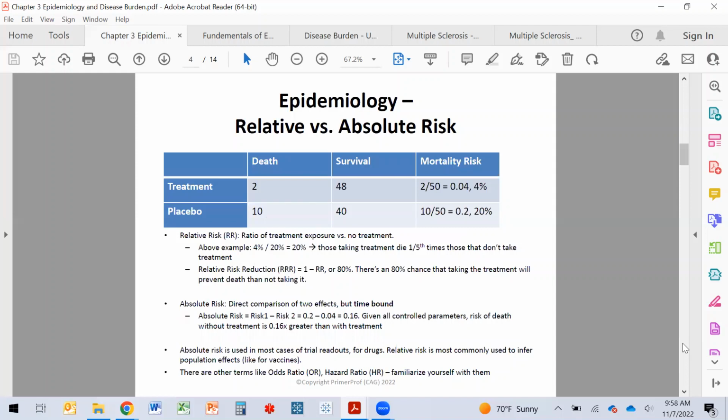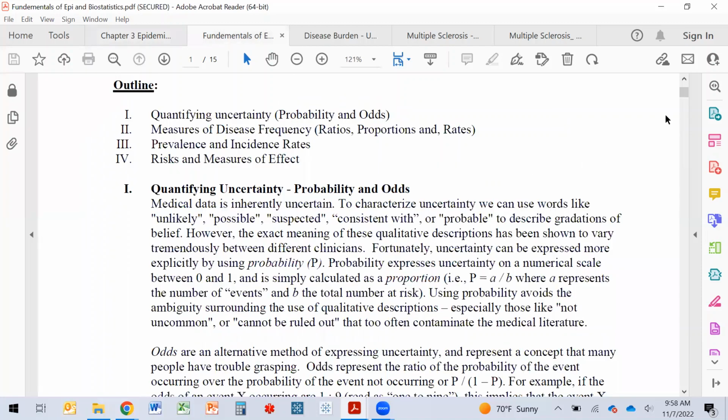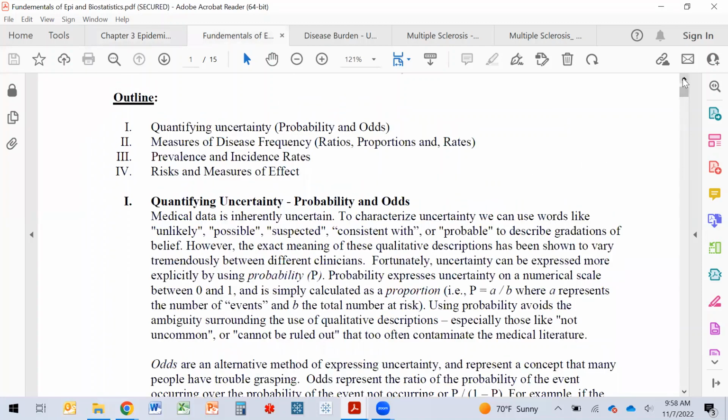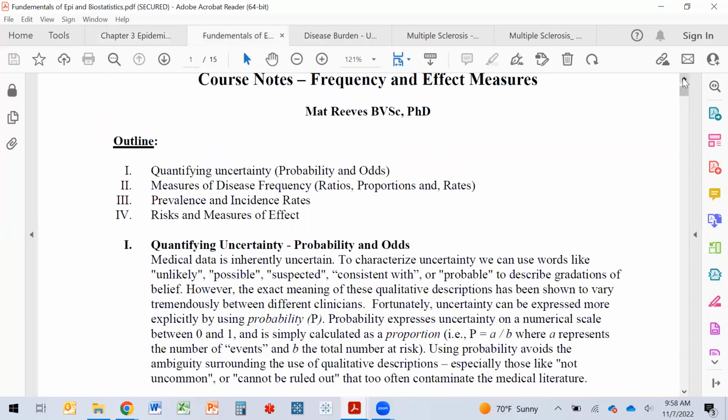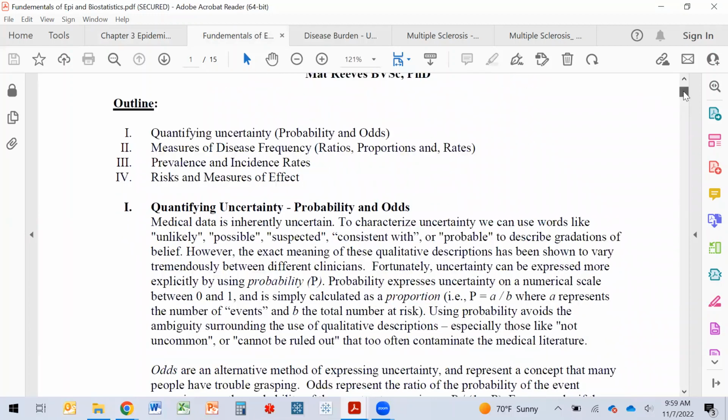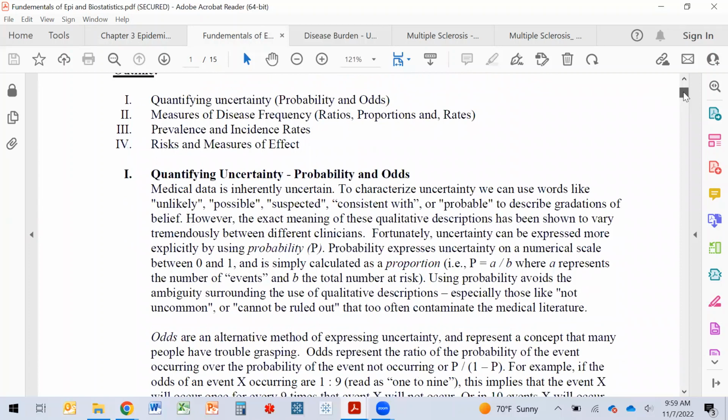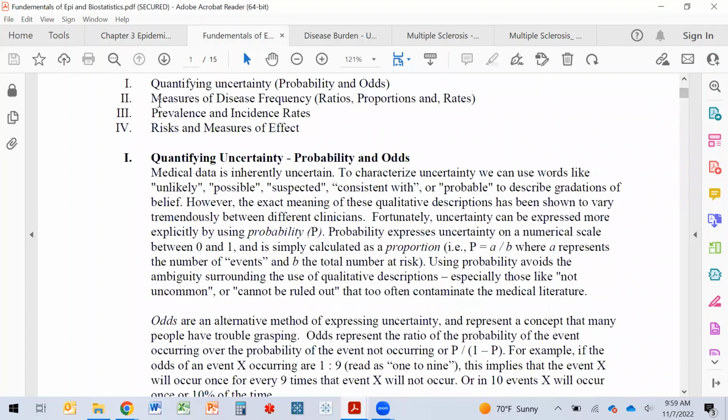Before we dive into relative and absolute risk, there is a reading that I've attached, which I will review at a cursory level, where they go into very deep dives on quantifying uncertainty, disease frequency, prevalence and incidence rates, and the risks and measures of effect.